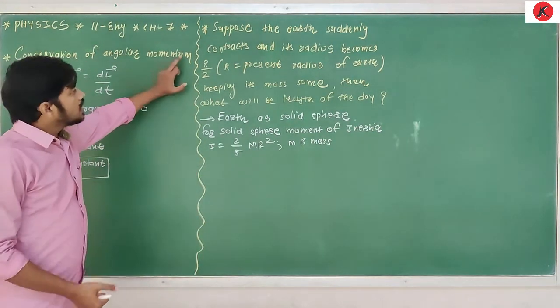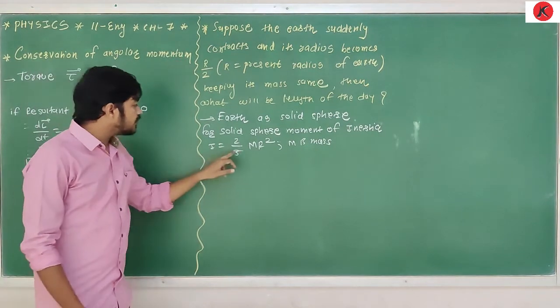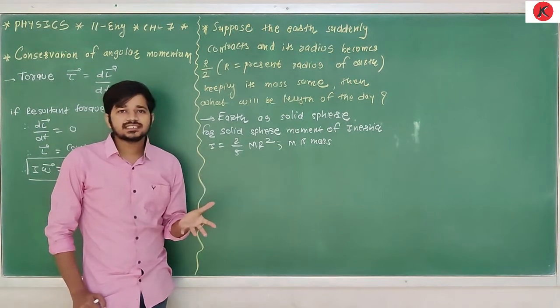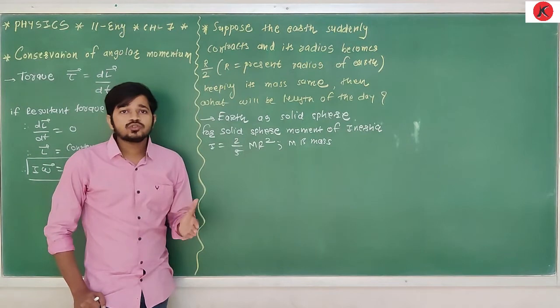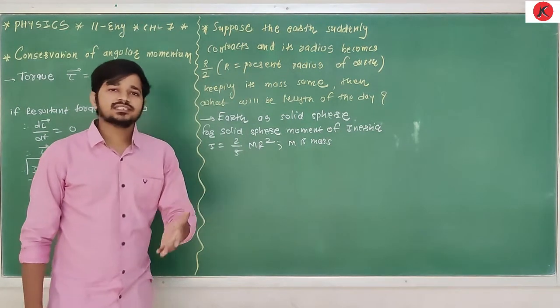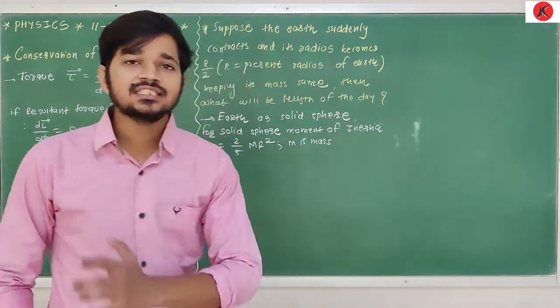So suppose the earth suddenly contracts and its radius becomes r by 2. If the radius becomes r by 2, then obviously the moment of inertia changes. Then there is also a change in its speed, and if speed changes, there is an effect on time.